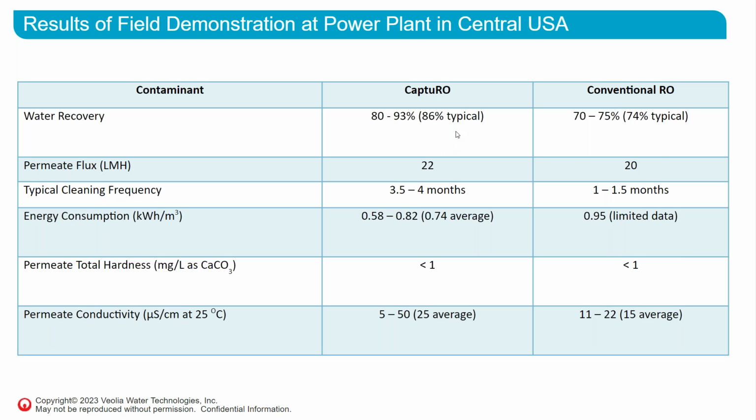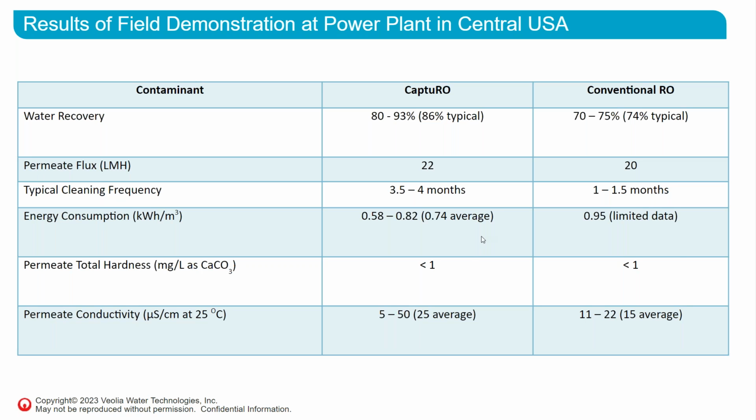But the Capsuro was able to respond much better to those conditions, getting 86% recovery versus the conventional only 74%. We were running at a slightly higher flux, about 10% higher, 22 LMH versus the conventional running at 20 LMH. And we were able to get 3.5 to 4 months out of our membranes before we eventually had to do a cleaning, whereas the conventional system was cleaning almost once a month.